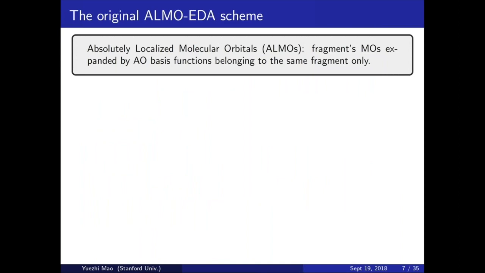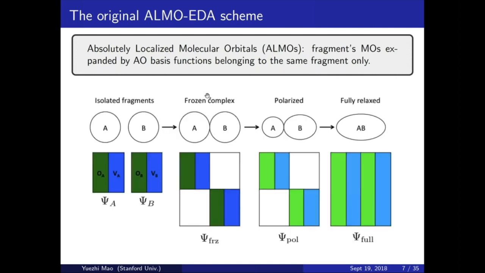Now I'm going to go through the original ALMO-EDA scheme. First, I want to define the absolutely localized molecular orbitals. They are fragment MOs expanded by AO basis functions belonging to the same fragment only. Just imagine how two molecules will interact with each other.